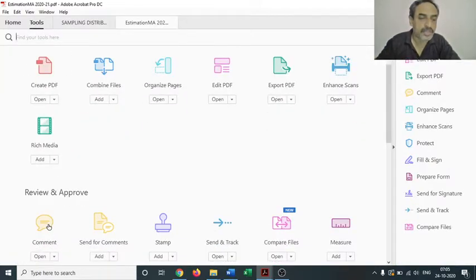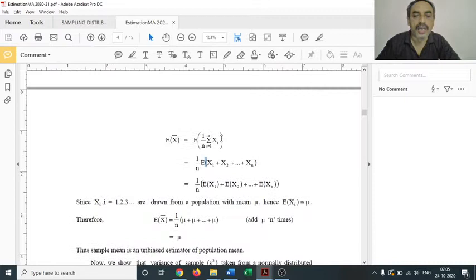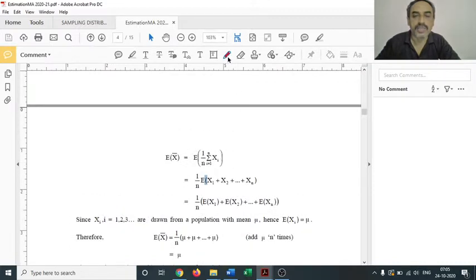I shall also note down the two properties applied in expectation to verify the unbiasedness of x bar. The first property is expectation of Ax is equal to A expectation of x.